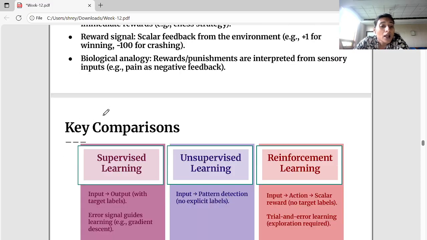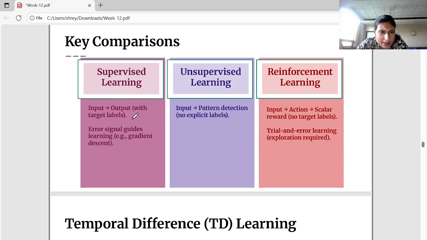Okay, so the key comparison on this basis is that in supervised learning we have input and output, so we have target variables. But in reinforcement learning we don't have any target variables, we have trial and error learning, so exploration is required.